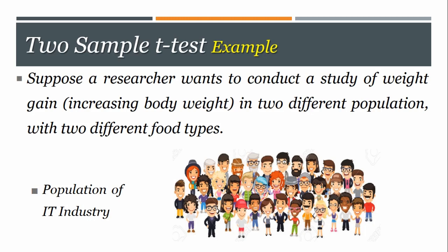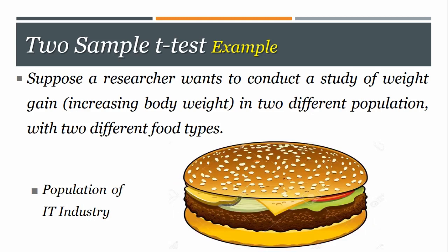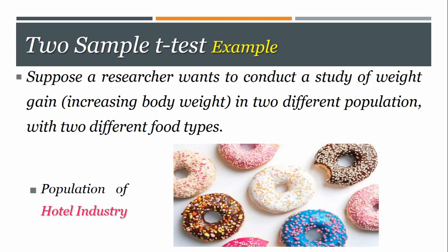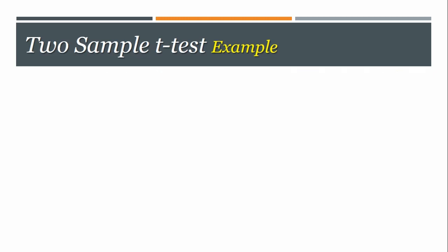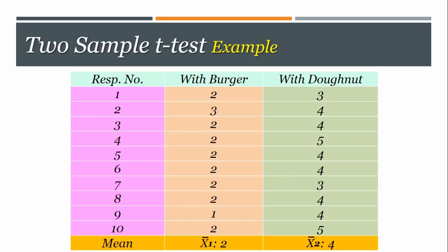Suppose one population included in the study is from the IT industry, who were given one burger daily for 3 weeks. The second population is from the hotel industry, who were given one donut daily for 3 weeks. After giving the food type daily for 3 weeks, the increase in weight of the populations is as given in the table.